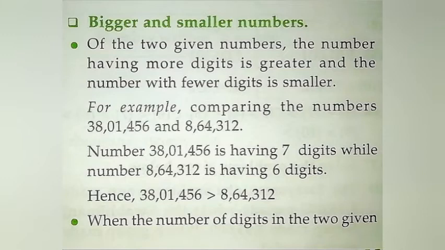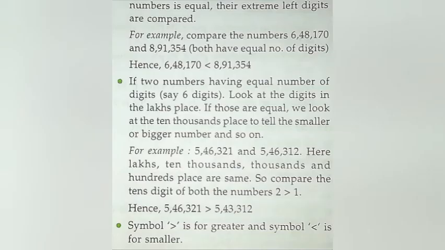So 38,01,456 is greater than 8,64,312. When the number of digits in the two given numbers is equal, their extreme left digits are compared.